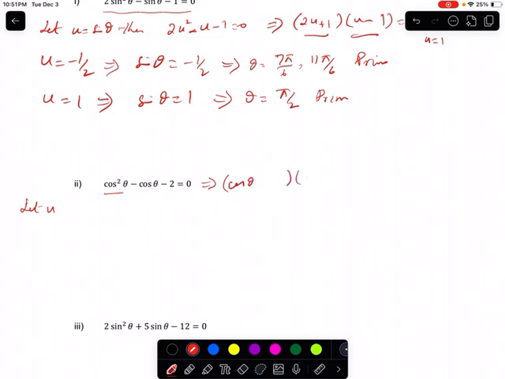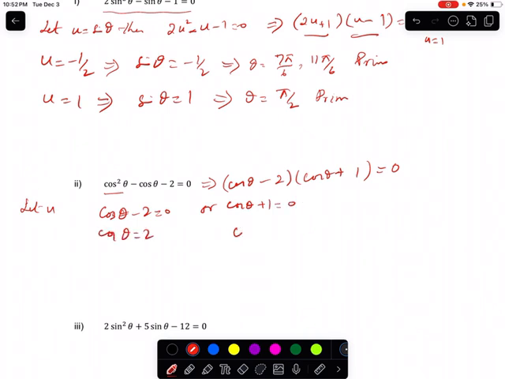So minus, one of them will be minus 2, the other one will be plus 1. Doesn't matter which one is. So from here you get, so this is equal to 0. So we get cosine of theta minus 2 is equal to 0, or cosine of theta plus 1 equal to 0. So the first one gives me cosine of theta is equal to 2, and the second gives me cosine of theta equal to negative 1.